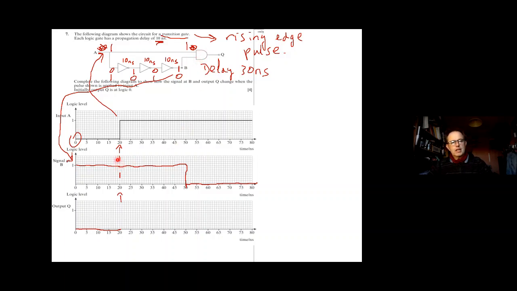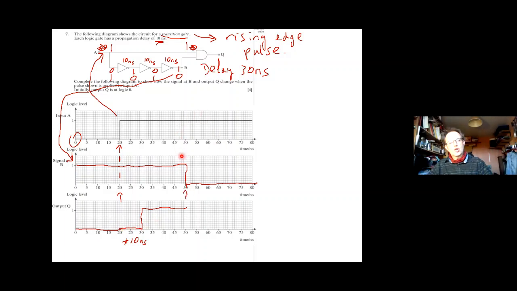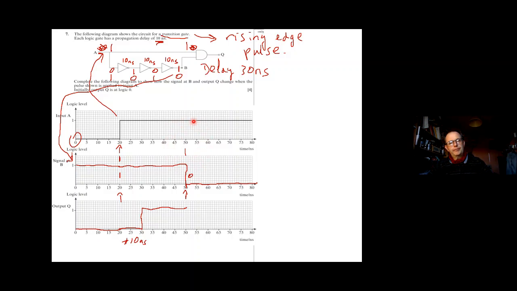that output gate basically will see a 1 and a 1 for a certain amount of time. Now, it won't happen straight away. That 1 and a 1 will give you a 1 because of an AND gate, but there's a 10 nanosecond delay before it does it. You're looking at these two to see what the inputs are going into the gate.